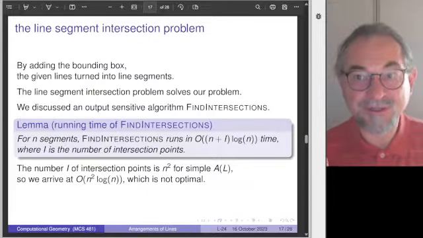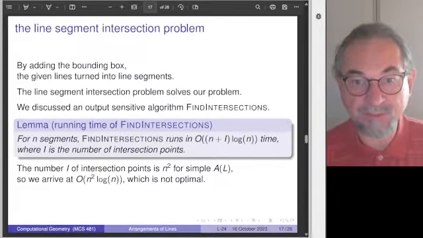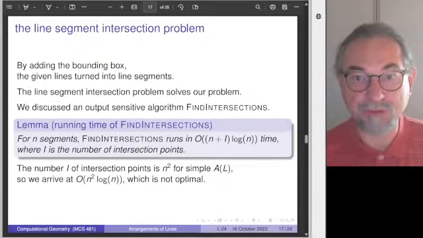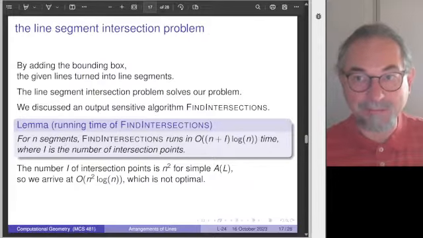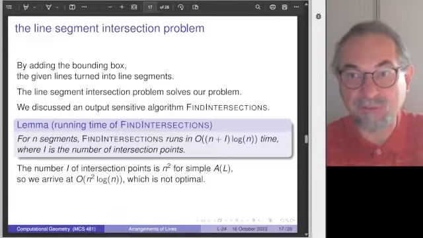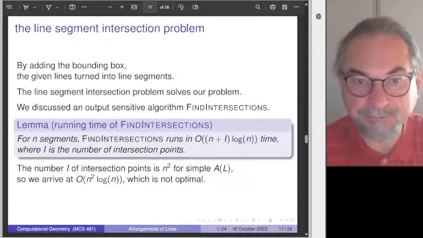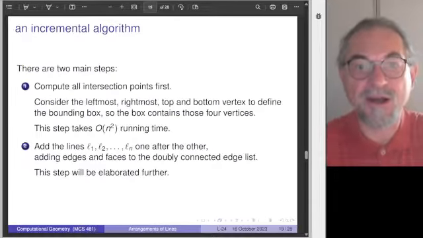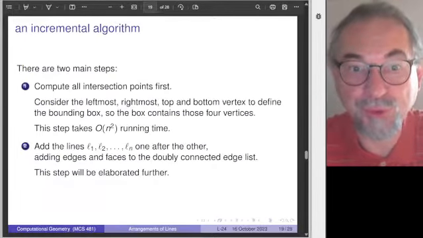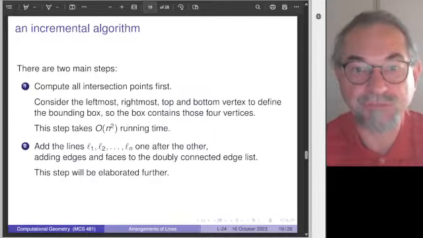Instead, the straightforward way of computing all intersection points is very good because it applies to all simple line arrangements. Unless you work with specific applications, you can't do any better. That is why we are going to compute all the intersection points first.